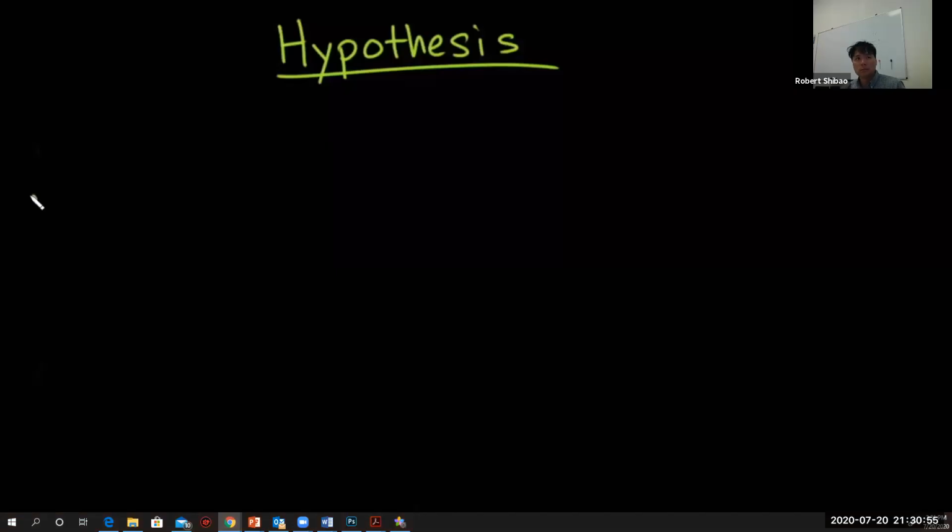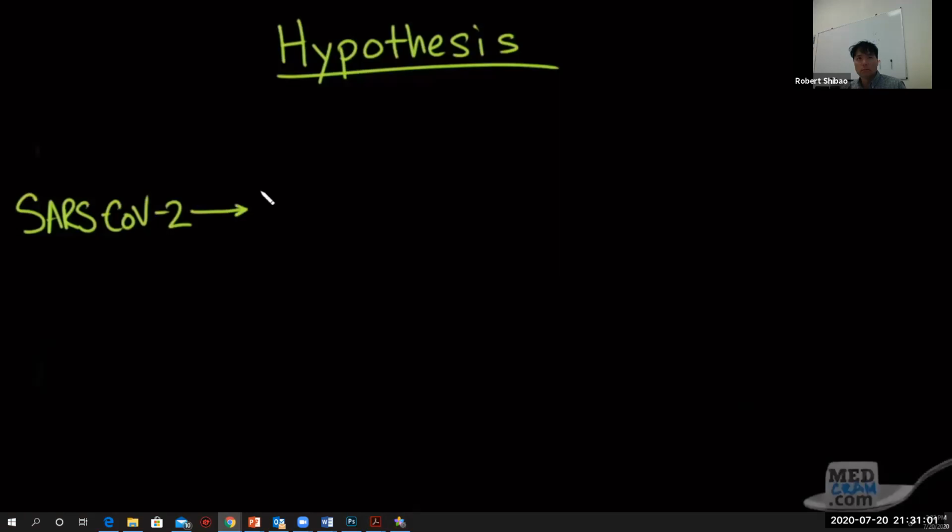So let's review up to this point. We have SARS-CoV-2, which causes an infection, and that reduces ACE2. And the reduction in ACE2 is going to increase angiotensin 2 and decrease angiotensin 1,7.